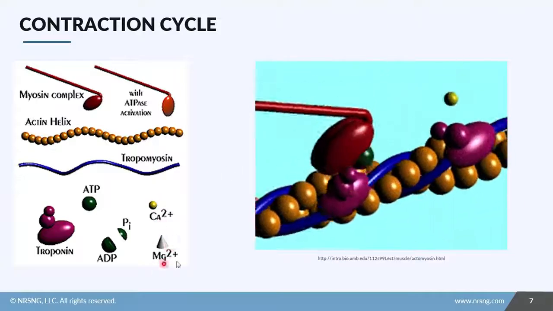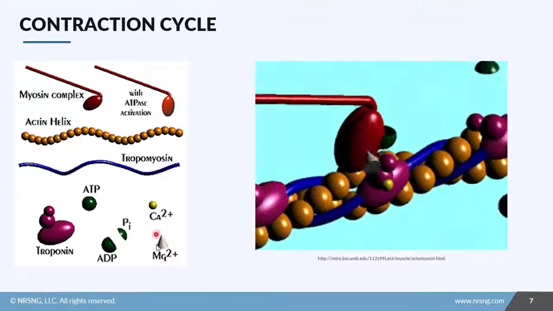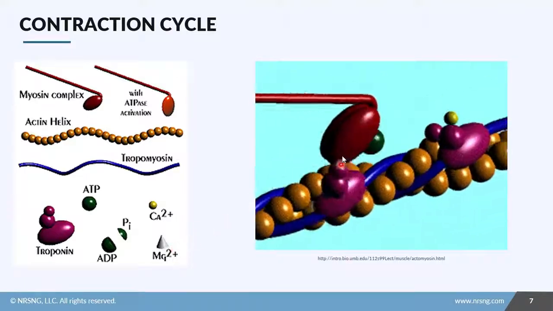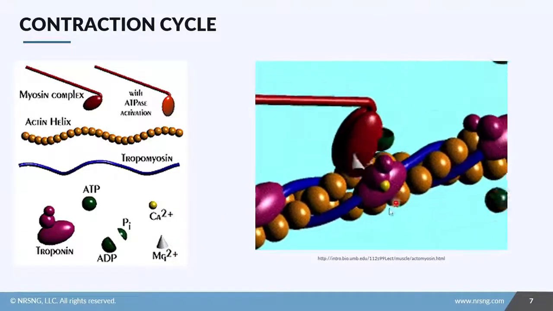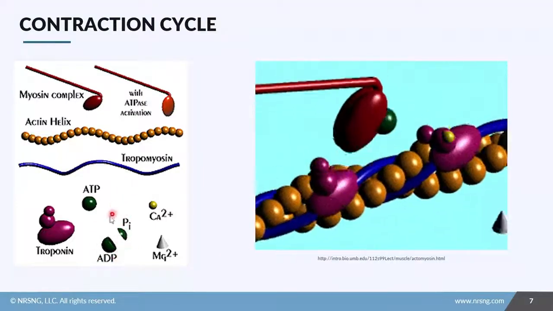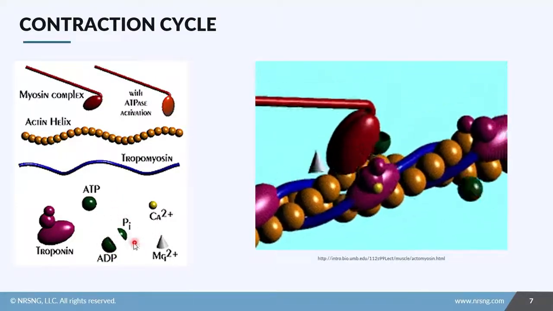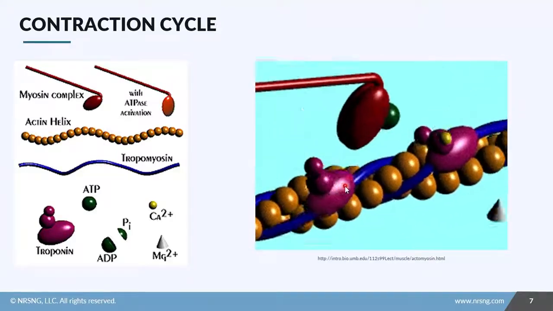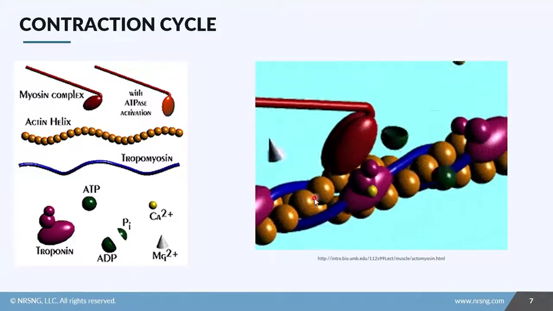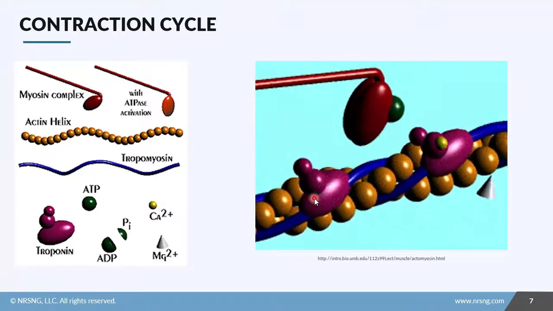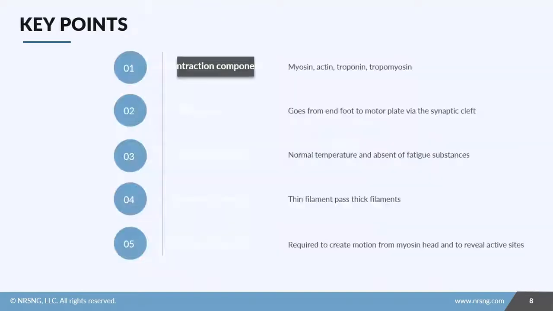You'll also see this little gray pyramid triangle thing come in. What that does is help facilitate the process of converting ATP to ADP plus inorganic phosphate, which is required to be in that resting position. So I encourage you, it's a lot to study this process, to think about what we've talked about.